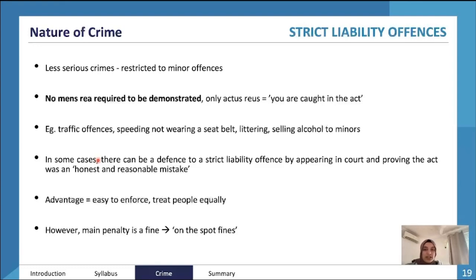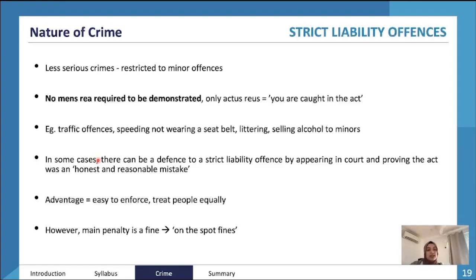The police officer doesn't have to prove that you had the intention to speed. They just have to prove that you were speeding, and they can do that through, for example, a camera or a system where they can check your speed, and that's essentially enough. For example, traffic offences, speeding, not wearing a seatbelt, littering, selling alcohol to minors, those are all examples.